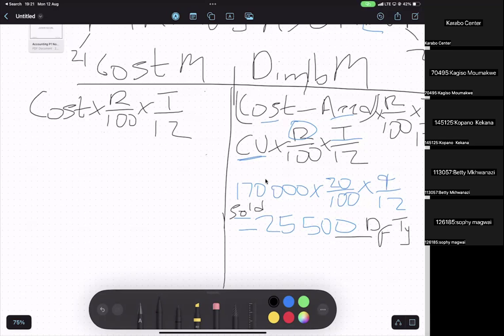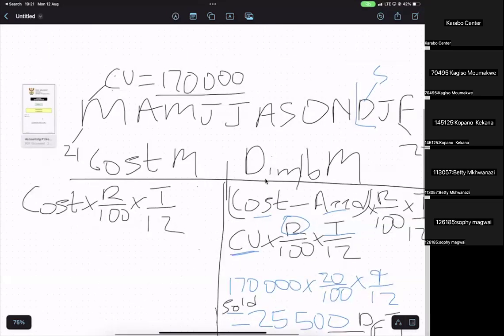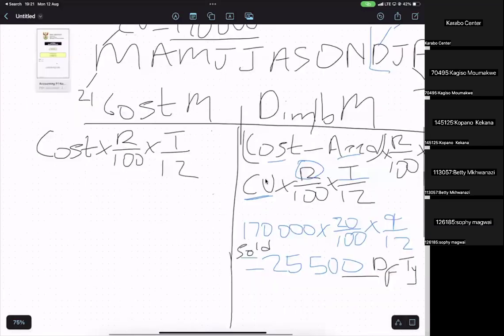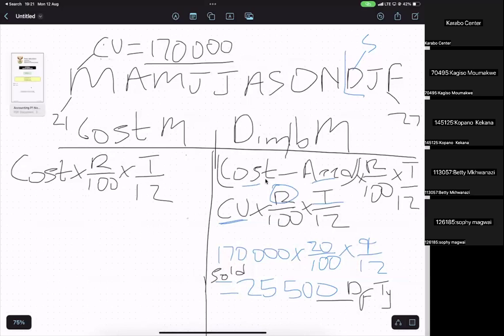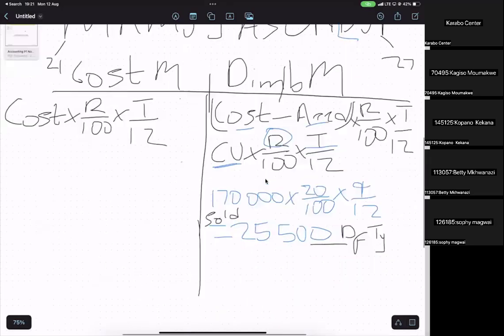So now we have to find the carrying value at the end of this year for that asset, because 170,000 was the carrying value for this asset at the beginning of the year. Now we have to find the carrying value at the end of the year.